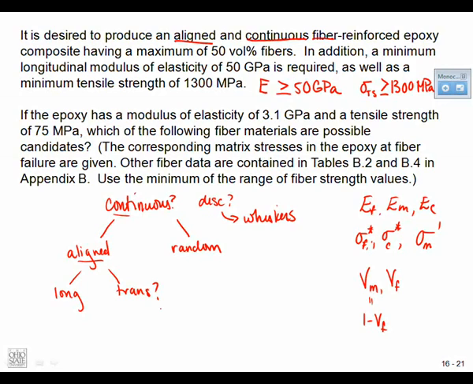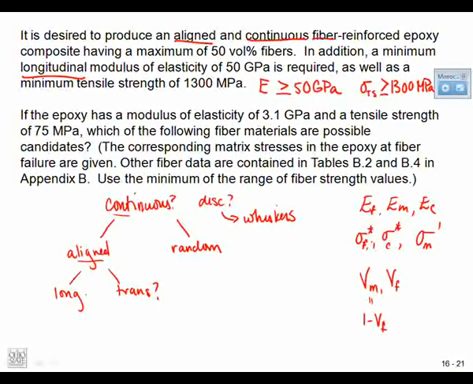What do you guys think based on the problem statement? Who says longitudinal? Who says transverse? Longitudinal, because we're trying to get the maximum. Oh, well, that's the modulus listed. Yeah, I was actually coming down because we're trying to find whether it's even possible to get it with these.